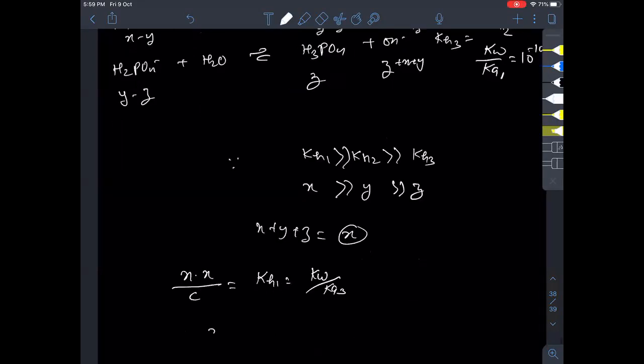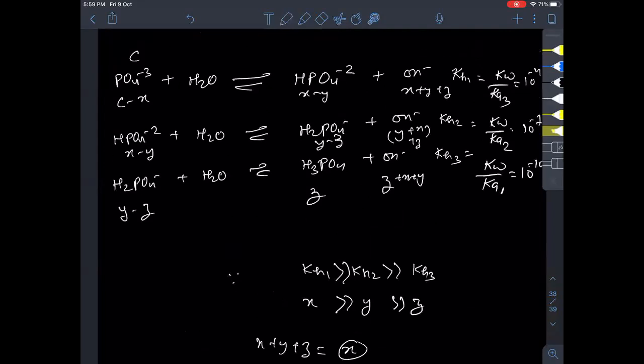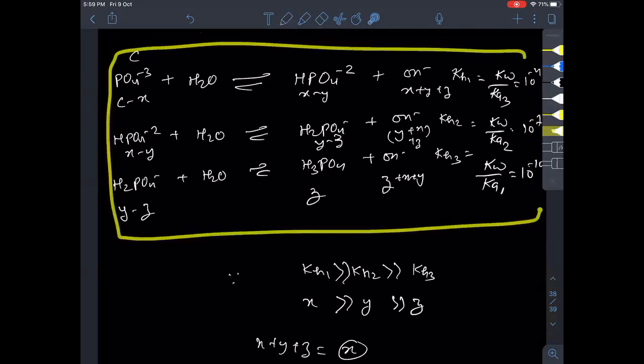So from here, X square is equal to C times Kw by Ka3. X value is equal to root over C into Kw by Ka3. So once it is known, whatever the ion you want, it is completely similar to that.